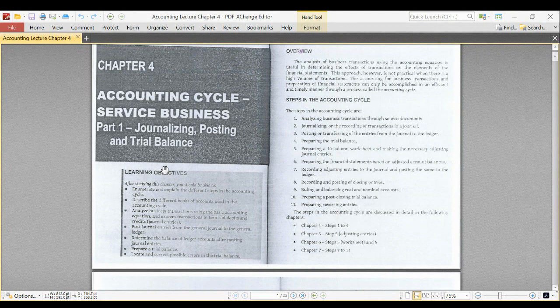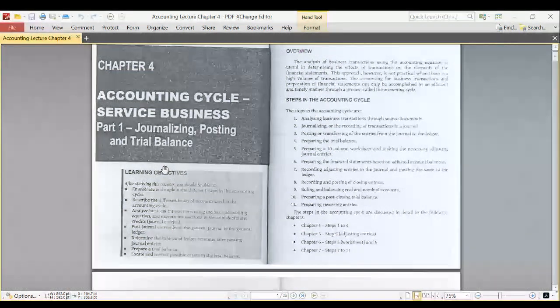The adjusting entries that have not been posted yet, we will also put in the ledgers and in the journals. Because earlier, we went straight from the 10-column worksheet, after the adjusting entries, to making the financial statements. We have not yet posted them in the ledger, and we have not put them in the book, in the actual journal entry.